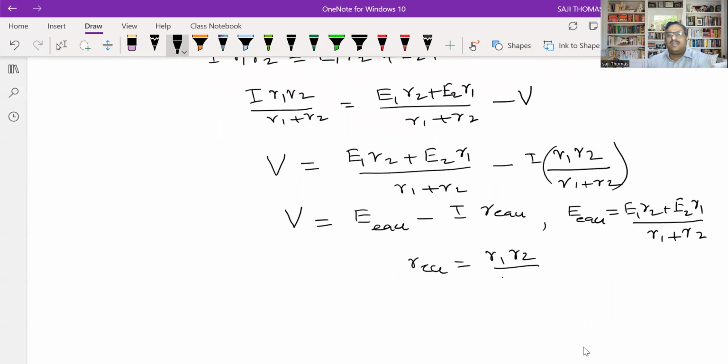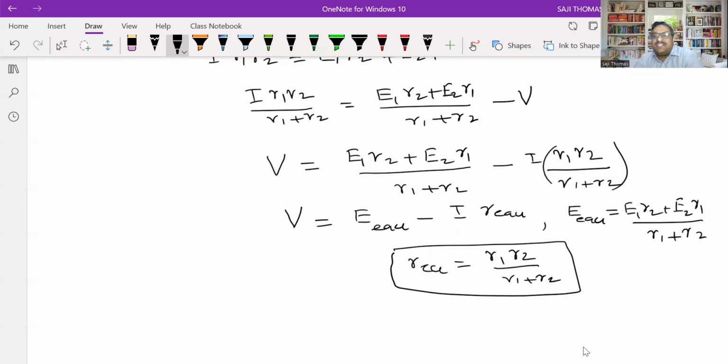R1 R2 by (R1 plus R2). So when two cells are connected in parallel, what is the equivalent EMF? (E1 R2 plus E2 R1) divided by (R1 plus R2). When two cells are connected in parallel, what is the equivalent internal resistance? R equivalent equals R1 R2 by (R1 plus R2).